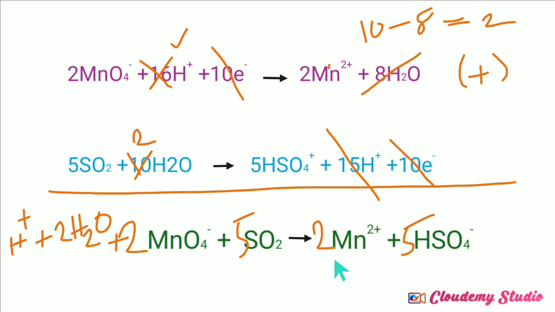Now we have got the balanced equation. In this equation, all the atoms on both sides are equal and all the charges are also equal. So the balanced equation is 1 mole of hydrogen ions plus 2 moles of water plus 2 moles of permanganate ion plus 5 moles of sulfur dioxide gives 2 moles of manganese ions and 5 moles of hydrogen sulfate ions.